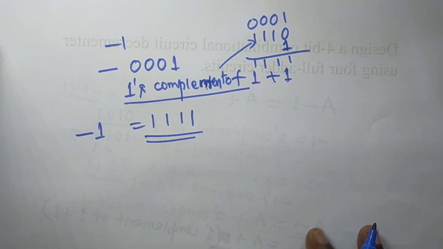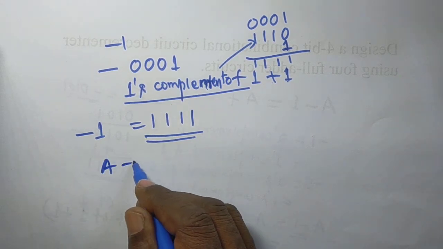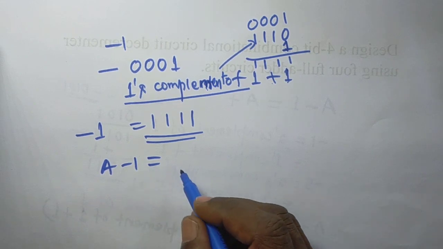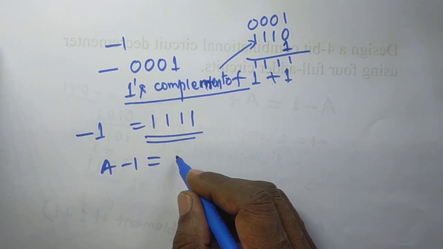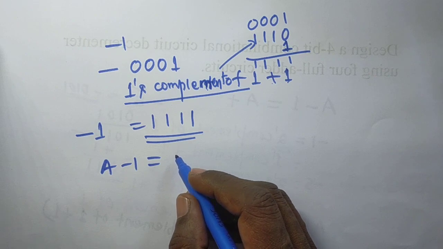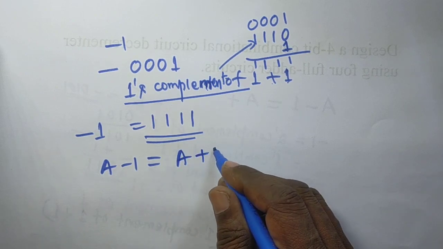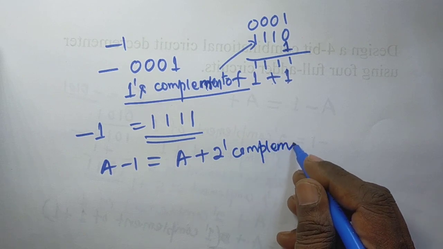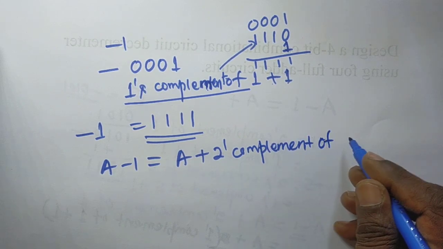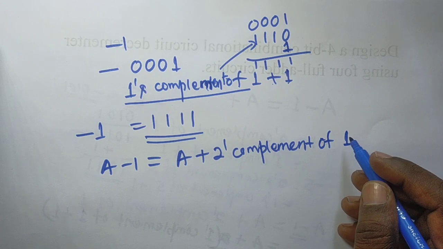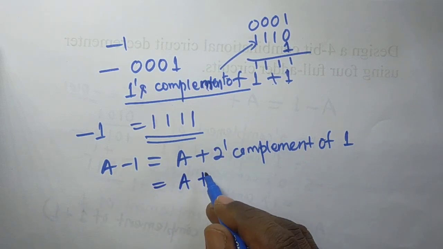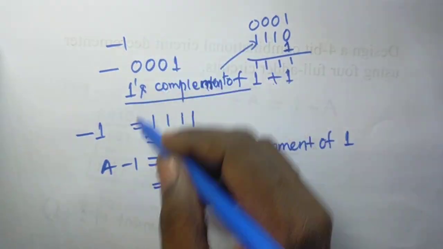So to define A minus 1, because we have to design a decrementer, we have to take A plus the two's complement of 1. A plus the two's complement of 1 means A minus 1.